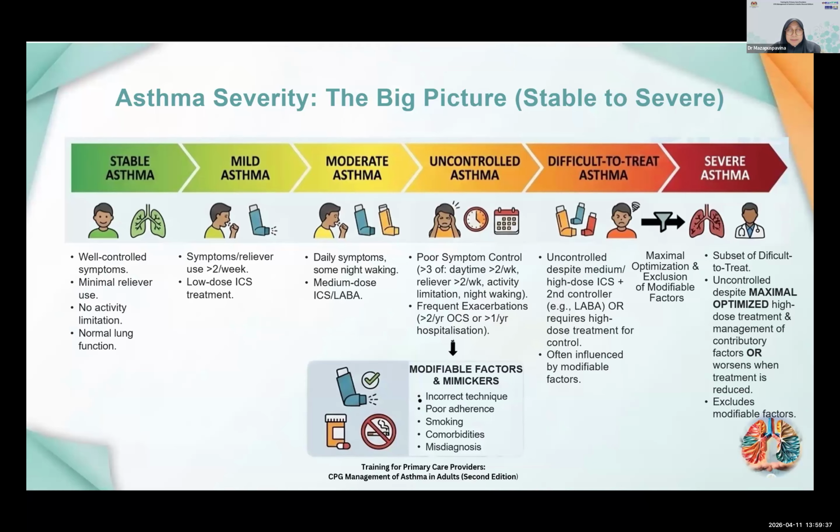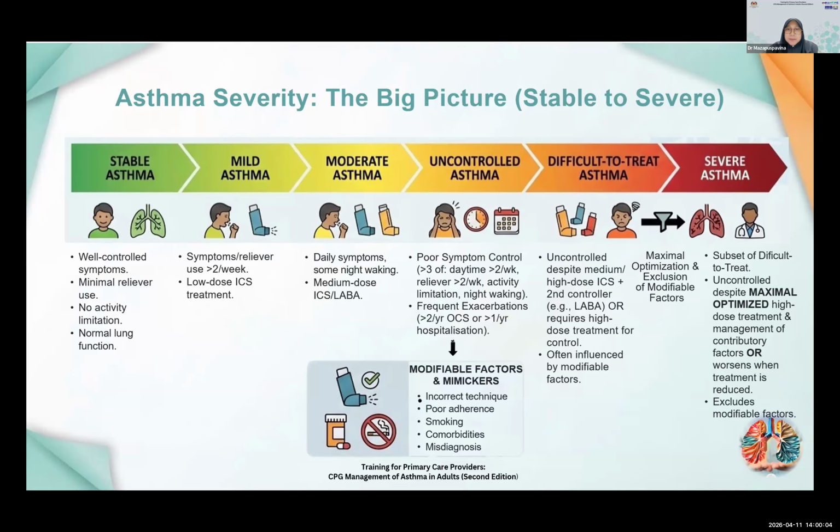Then you have uncontrolled asthma, where there is poor symptom control. If you remember the four physician questions about asthma control: one, daytime symptoms; number two, use of reliever 2 times per week; number three, activity limitation; and number four, night waking symptoms. If the patient has 3 out of 4 of these, it shows poor symptom control.